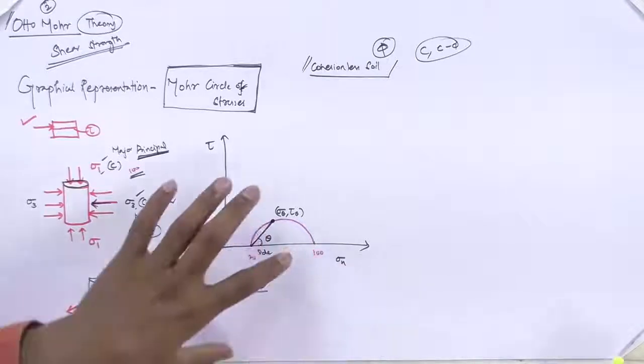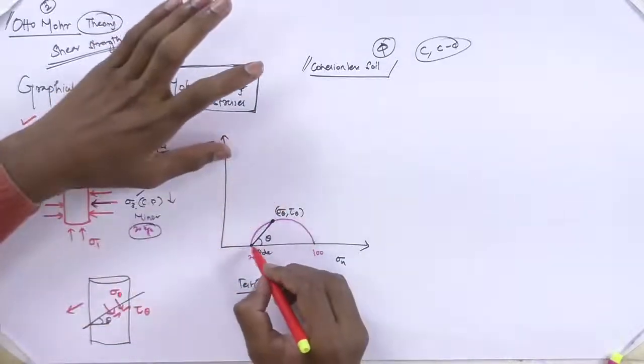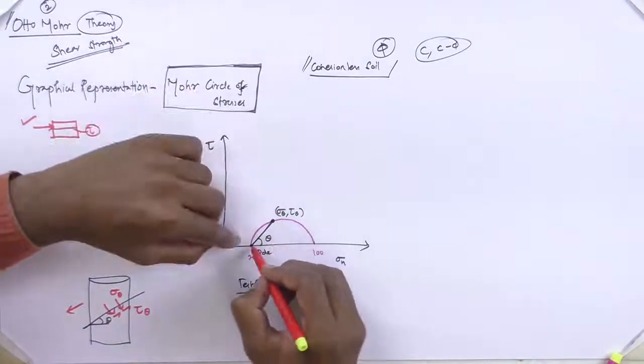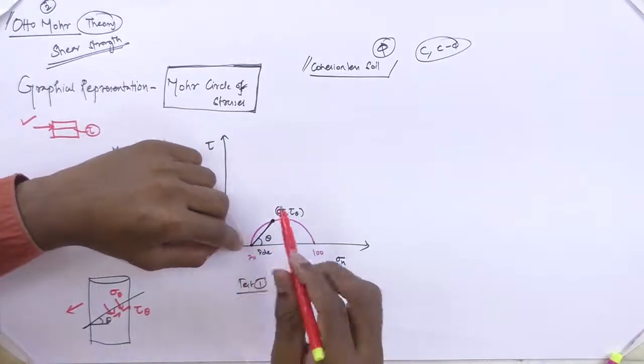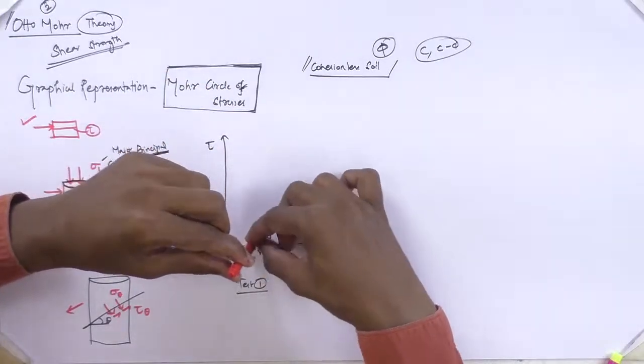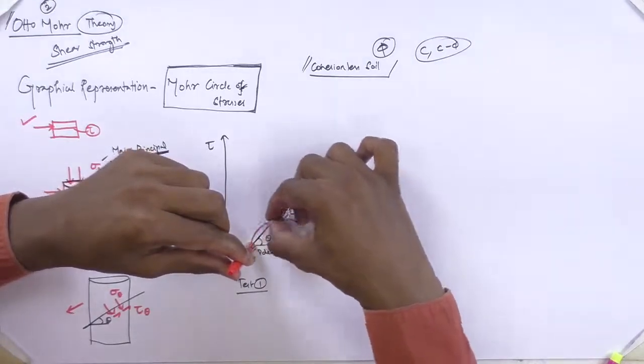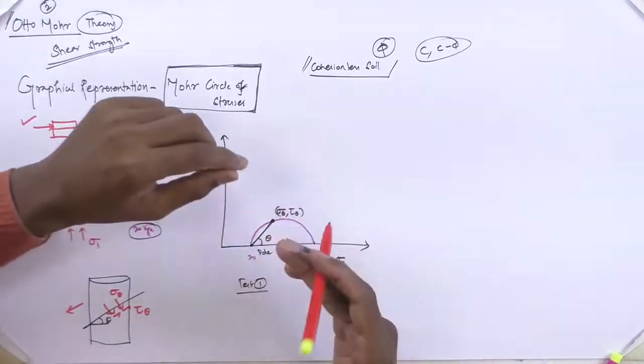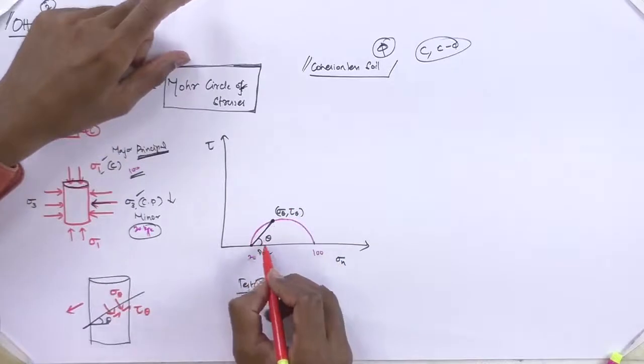So this is a great work of Mohr. He is telling, if you draw a circle and consider a starting point, which is like a pole, if you attach a string you can move to any point over the circle. This forms a straight line, and it makes an angle.